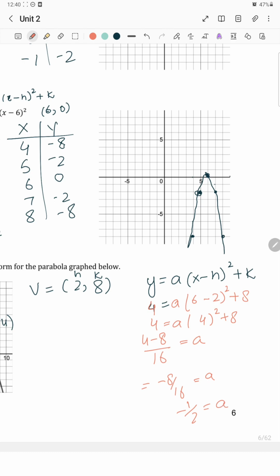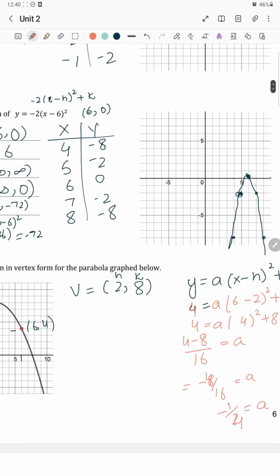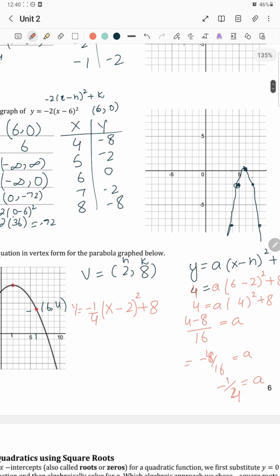So 4 minus 8 is minus 4, so minus 1 by 4. So we can write the equation as y equals minus 1 by 4 times x minus 2 whole square plus 8.